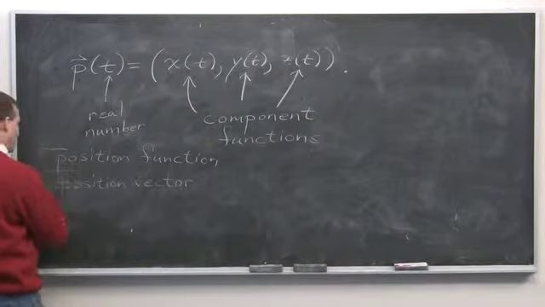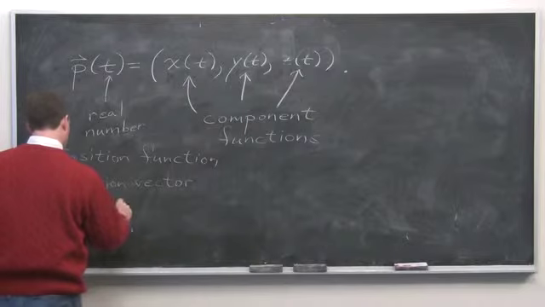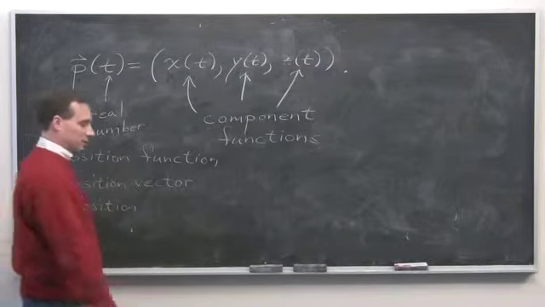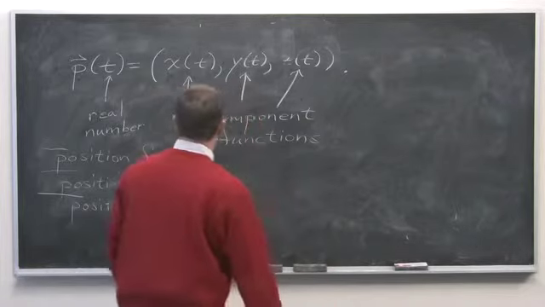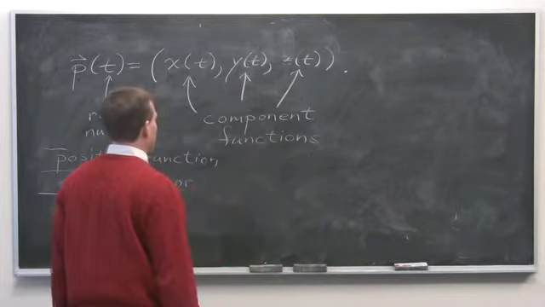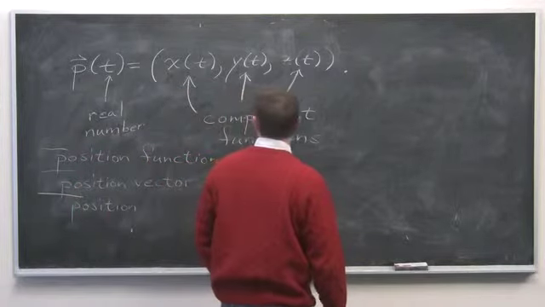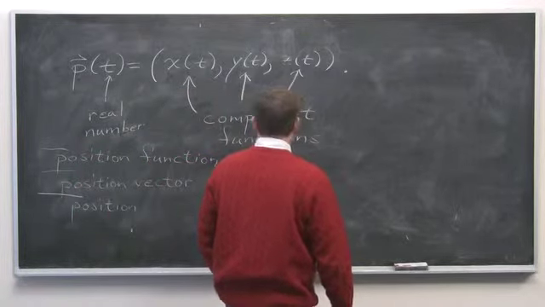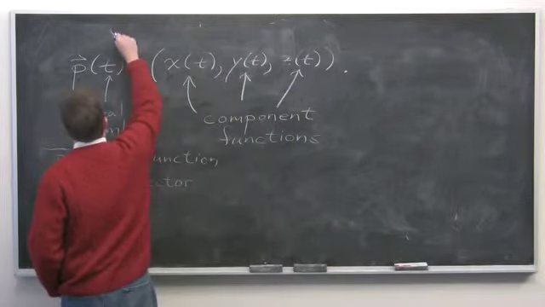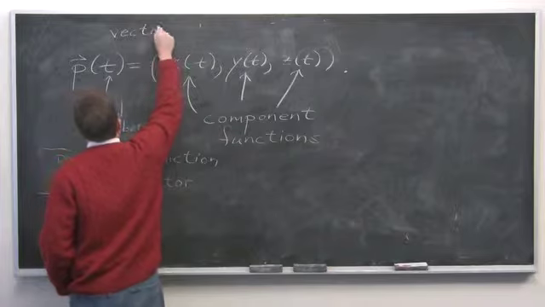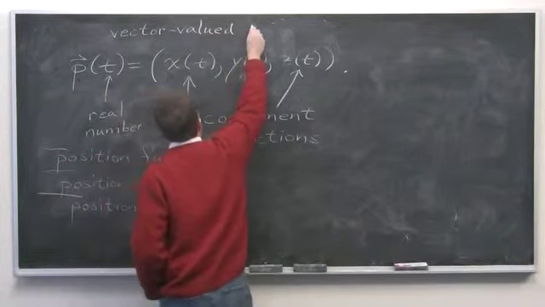And what most people would call this is just the position without saying anything else. The position is, you always think of it as a vector that starts from the origin and goes out to the point where your object is at time t. So, right, we call this a vector valued function, but the notation makes it clear that that's what we're getting, a vector valued function.